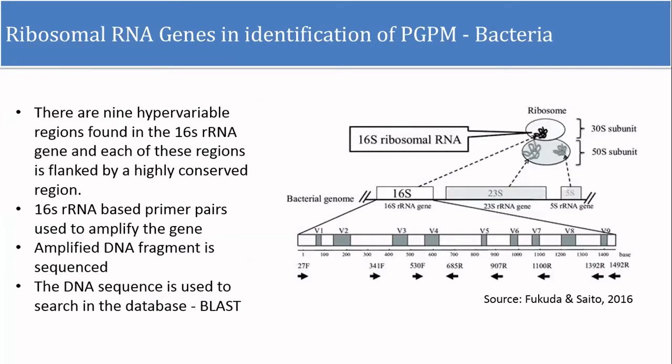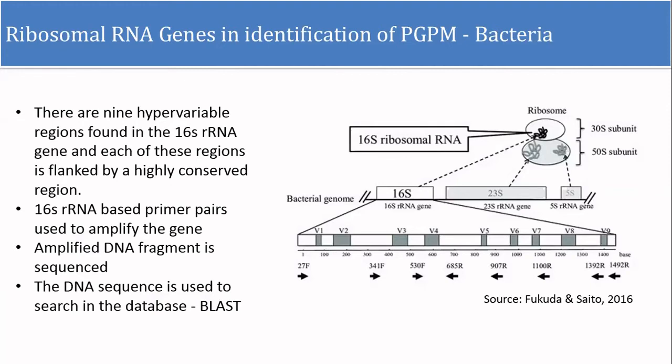So here, different universal primers have been designed and are available for use to do PCR, and then send it for sequencing. Then after you get the sequence data, you have to do BLAST to identify what the organism is.